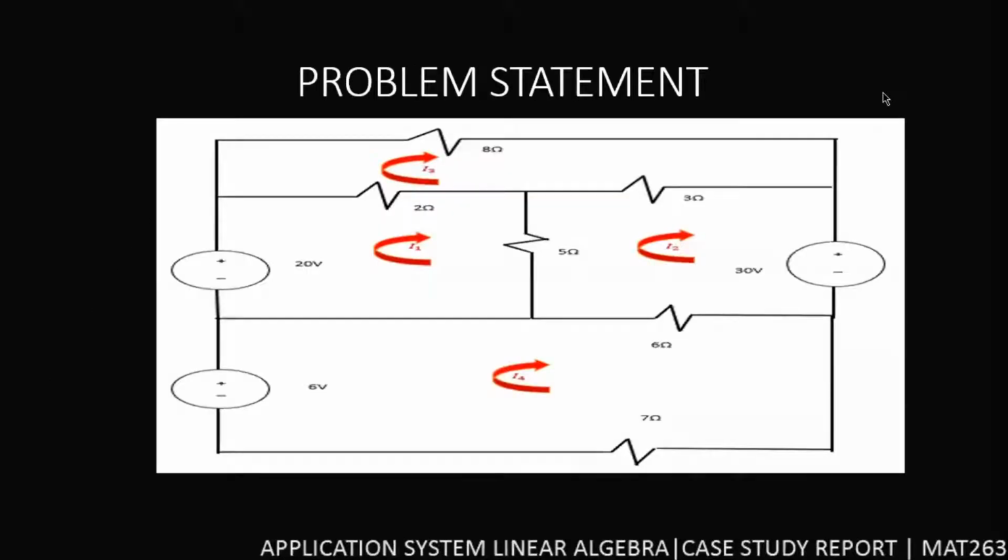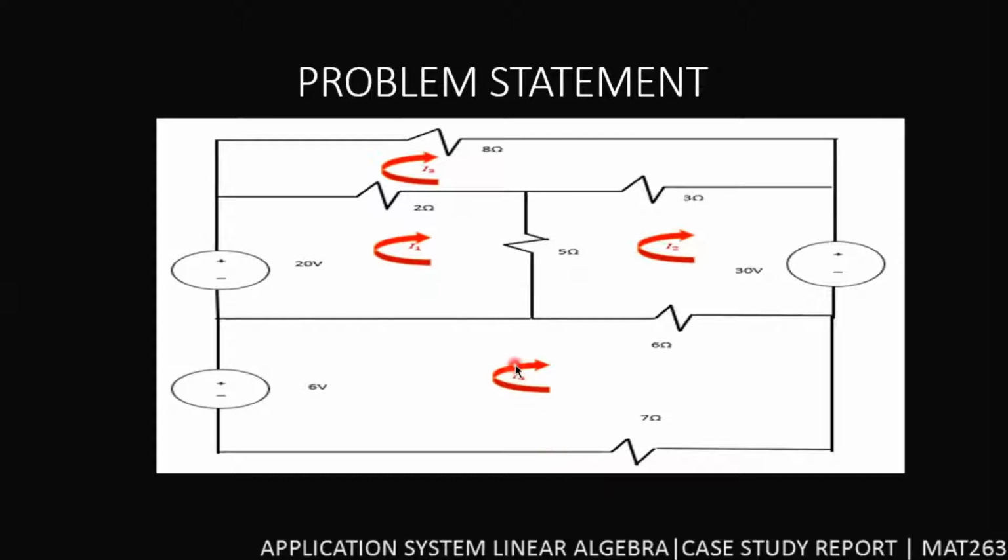We proceed to our problem statement. As you can see on our slide, this is a circuit which has been divided into four: circuit 1, circuit 2, circuit 3, and circuit 4.